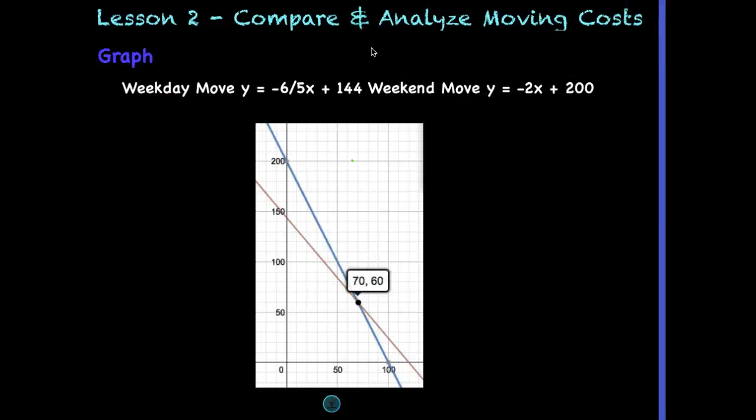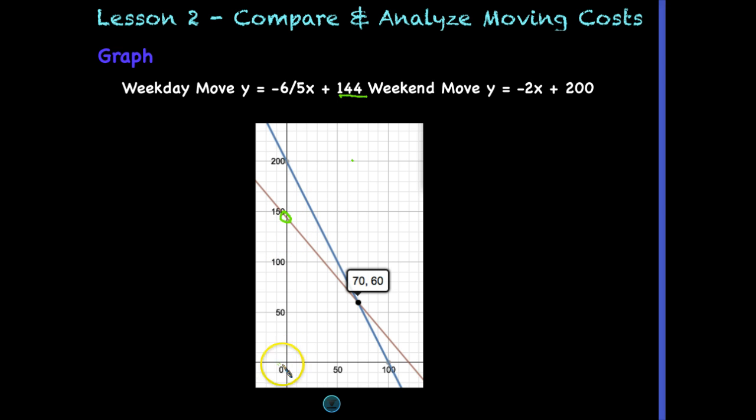Okay, here is a graph of our system of equations, and we have graphed both. You can see this first one that we switched has a y-intercept of 144, and you can see that right here. That's 144. Now our slope is rise over run, remember, so we go down 6 over 5.